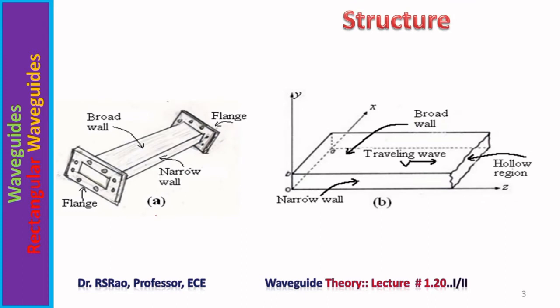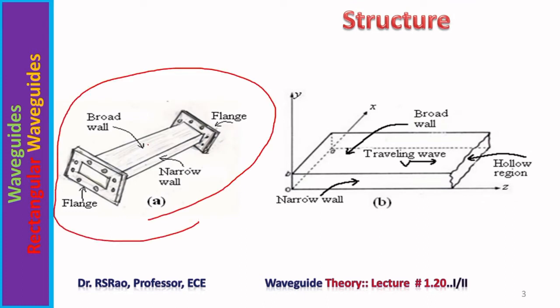Here is shown a rectangular waveguide, two broader walls, two narrow walls. A flange is there to connect the waveguide with another waveguide. Now, for the purpose of analysis, this guide has been placed along the z-axis. One broader wall is over the xz plane, another broader wall is at a distance of B from the bottom broader wall.